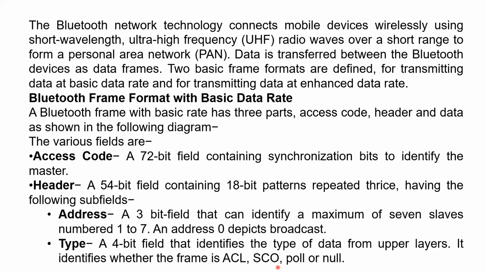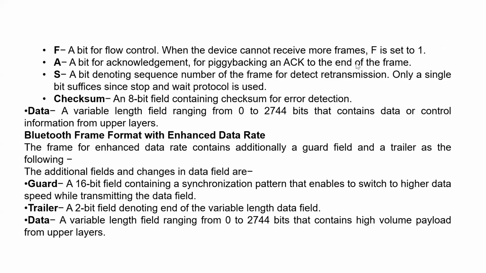So when data is not present there, it is identified by poll or null. So these three types of communication or types of data are identified by this type field, which is of length 4-bit.